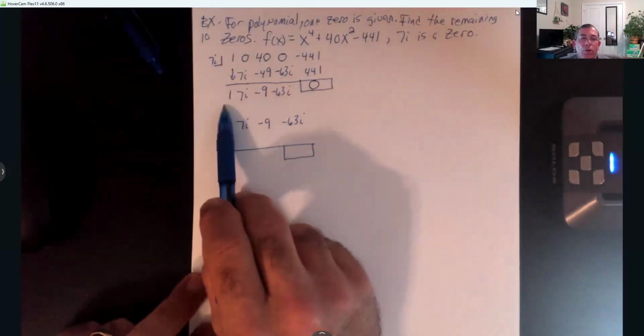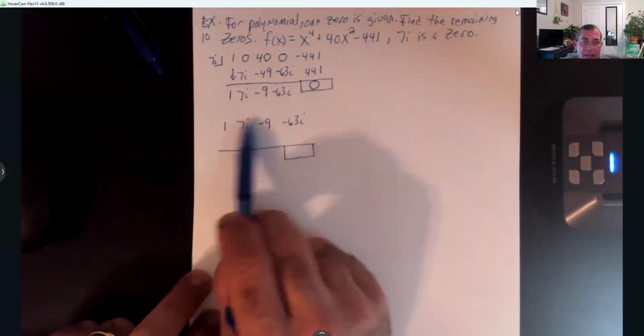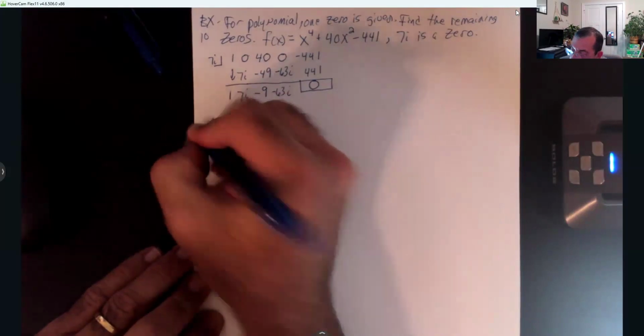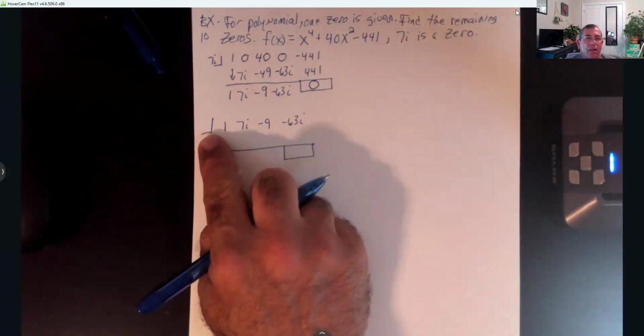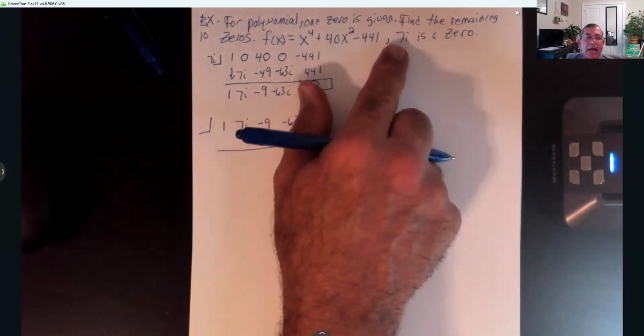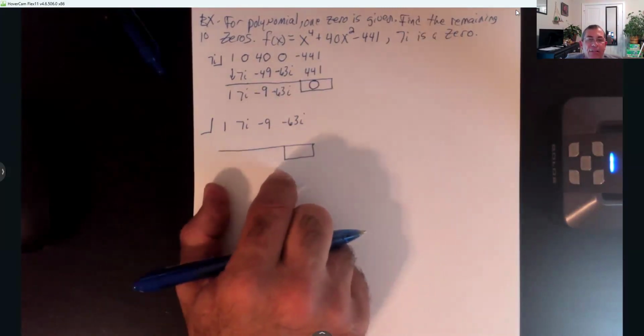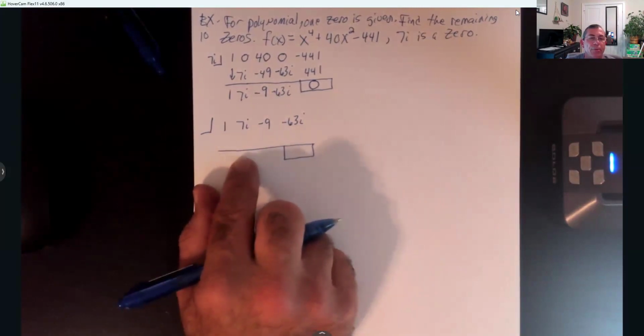All right, so you use these 4 numbers and do synthetic division again. But y'all, I need another number to check. All they gave me was 7i. I can't get the last 2 until I get this down to 3 numbers.